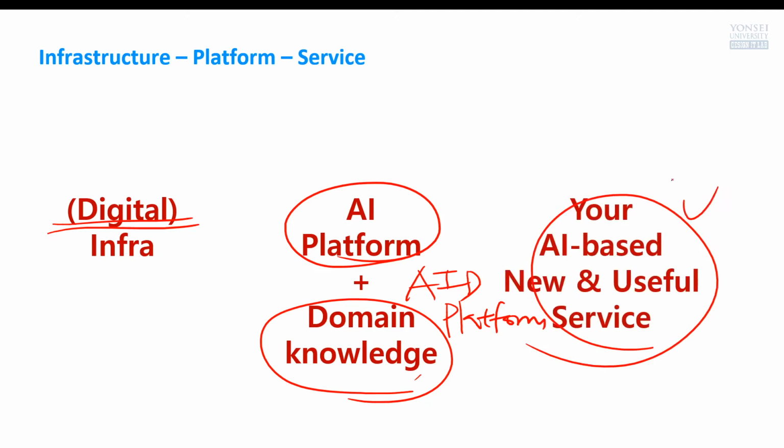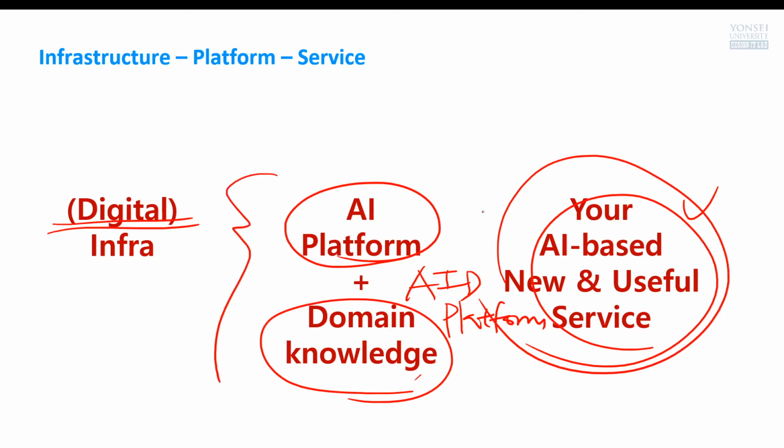This is a sort of bigger drawing about your final project. Of course, your final project is going to be very tiny, yet a useful outcome you can show me. But in the bigger picture, your AI-based new and useful service can be created by using those existing platforms. Okay, that's the point. Very important.